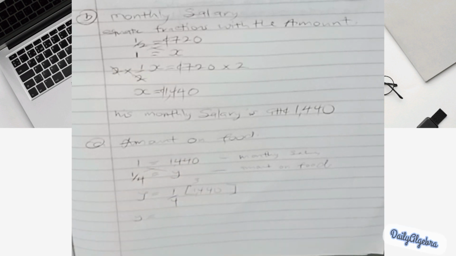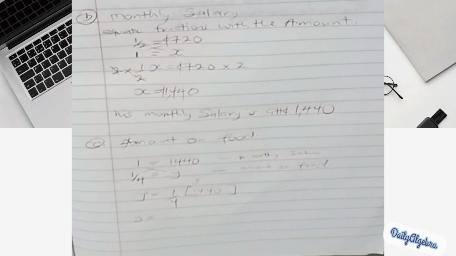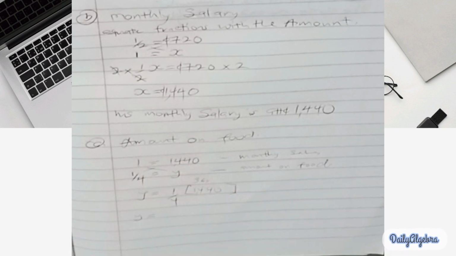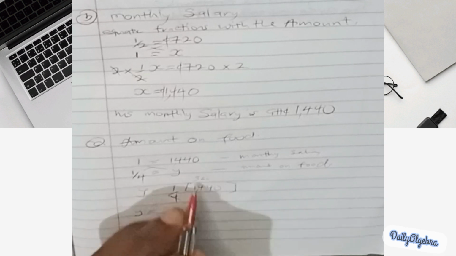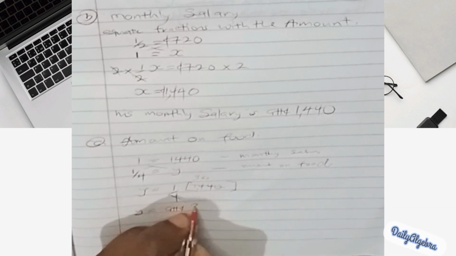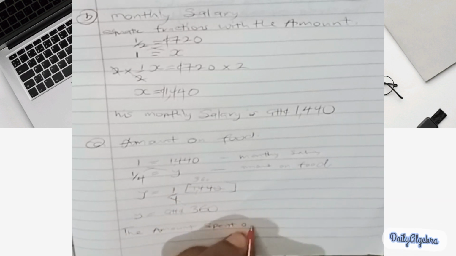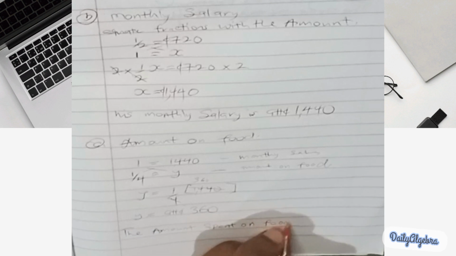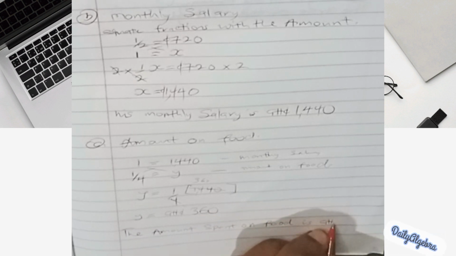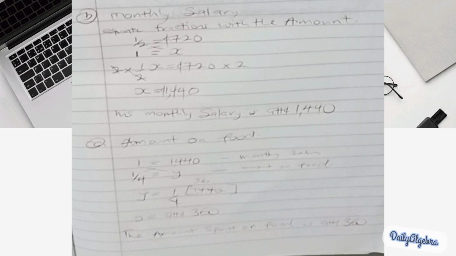So we put 3 there. Remember 2. 2 comes here. 4 into 24 is 6 and then a 0. So 4 into 240, 60 times. So we have 360. The amount spent on food is 360 Ghana cedis.